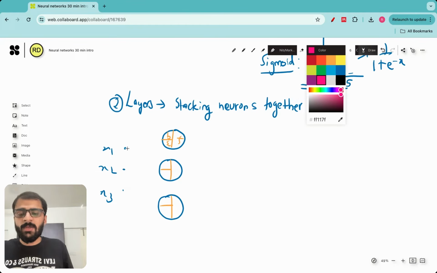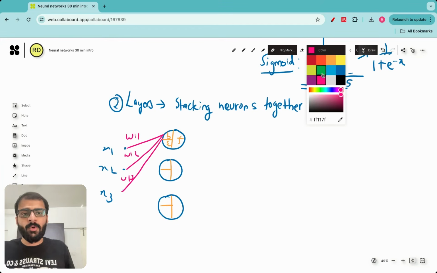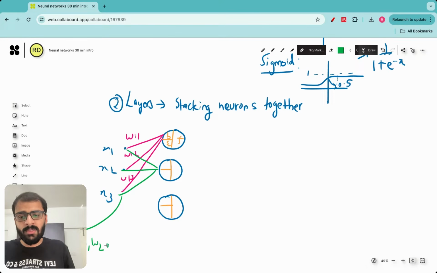But let us look at the weights. As I said, every neuron places a weight on the inputs, right? So if you look at the first neuron, there will be three weights, and those will be W11, W12, and W13. Now, the second neuron will also have three weights associated with it. Let me write them here: W21, W22, and W23.